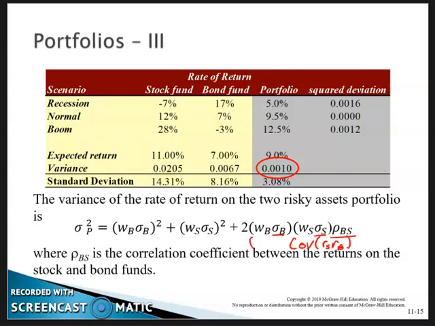So we can simplify this by the weight in bonds times the weight in stocks times the covariance, which actually simplifies this calculation a little bit.